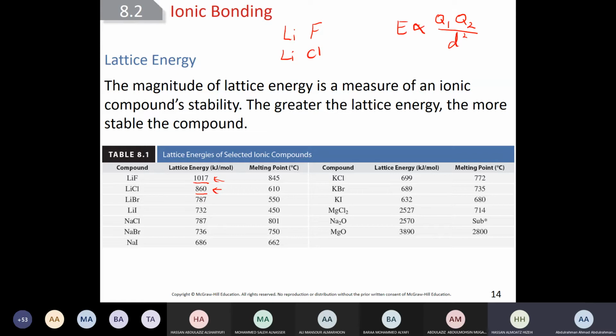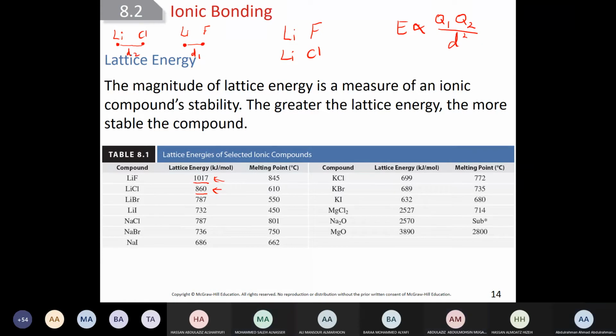What's the distance between two atoms? If this is lithium and this is fluorine, where is the distance? It's from the nucleus to the nucleus. Which distance? D1, or for lithium chloride, from lithium to chloride ion, this is D2. Which one is bigger, D1 or D2? D2 is bigger.